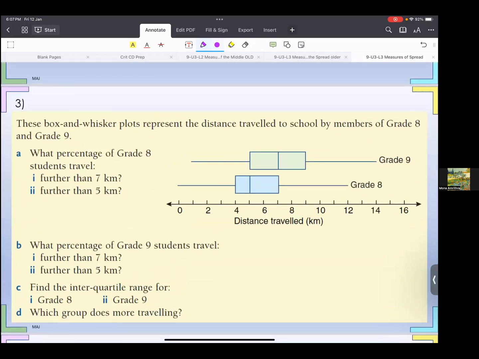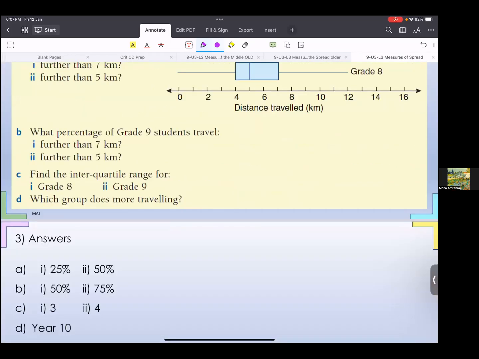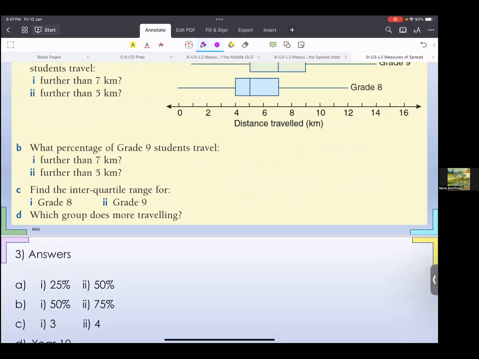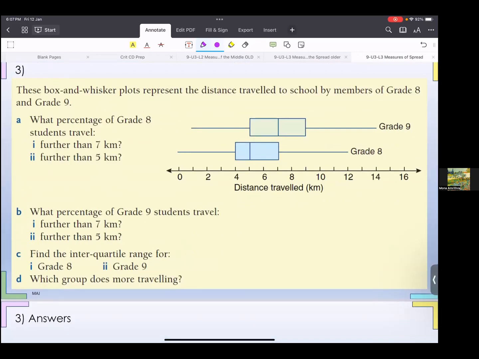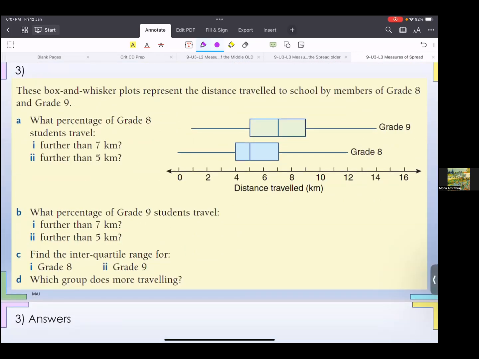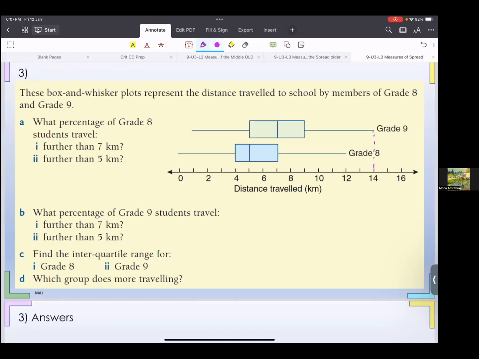It looks like there's something that's not coinciding here. Which group does more traveling? And I said year 10. It cannot be year 10. You have to look at the range. So probably this one is at 14.